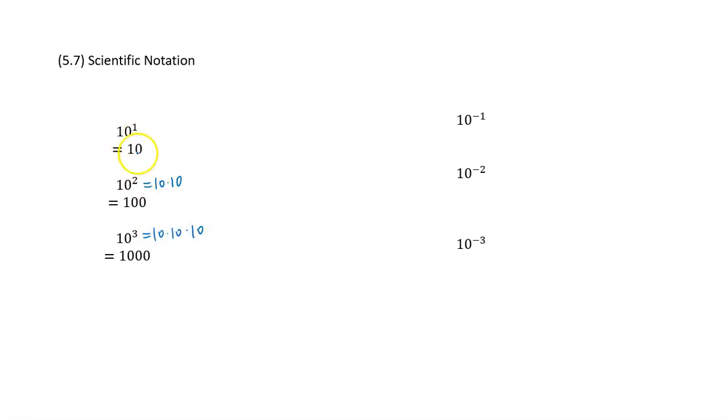Notice that the number of zeros matches the exponent. If we have one copy of 10, we get 1 zero. If we have two copies, the exponent is 2, we have 2 zeros, and so on.